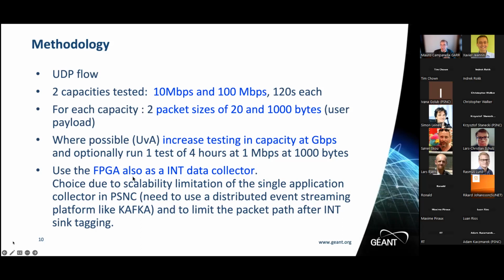And then the FPGA will collect all the data in its RAM and then export the data to a local disk in a local machine and translate these data into simple comma-separated values compatible with Excel and a lot of other analysis programs. I want to alert you that one of the conclusions is that if you want to start testing these capabilities, probably you will generate a lot of information.